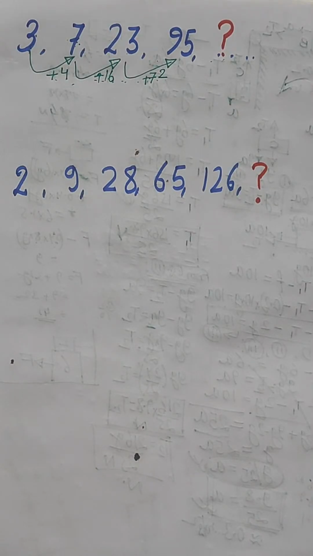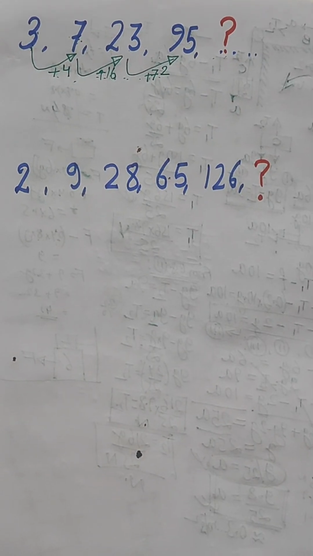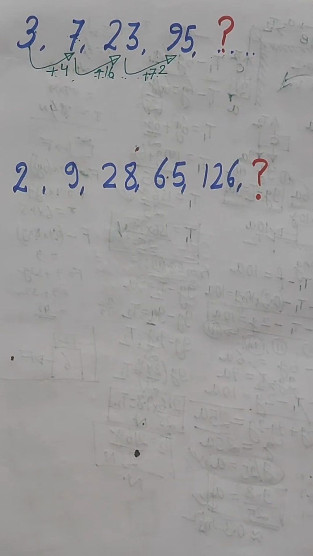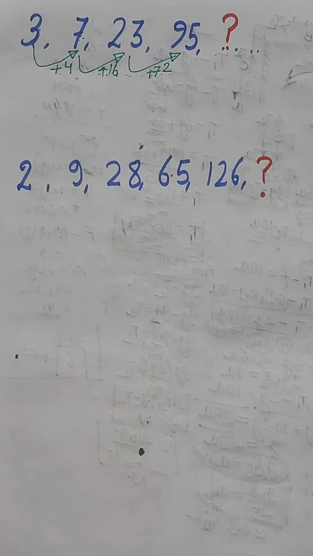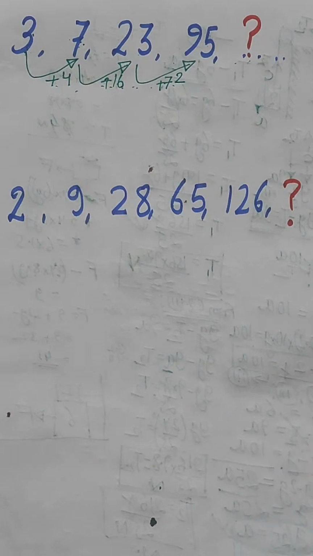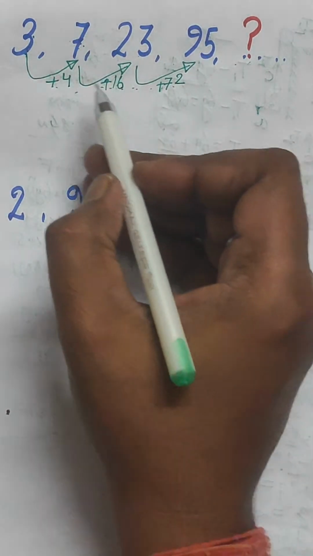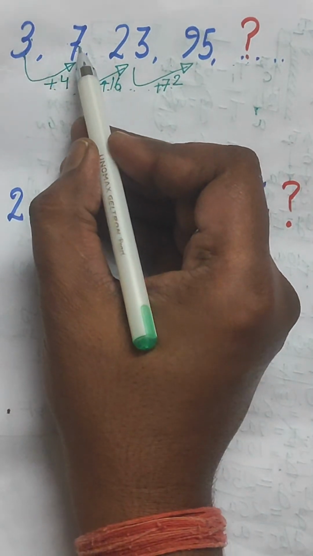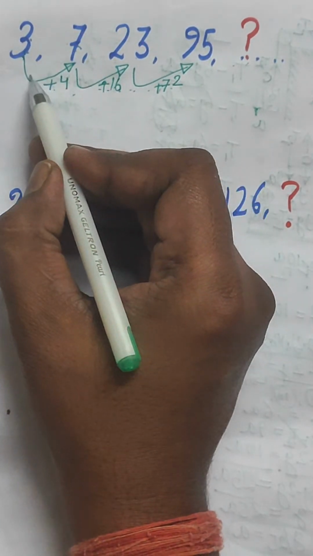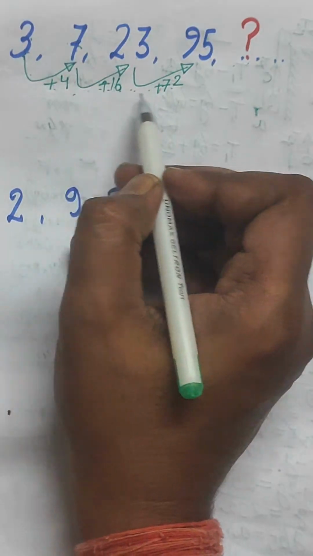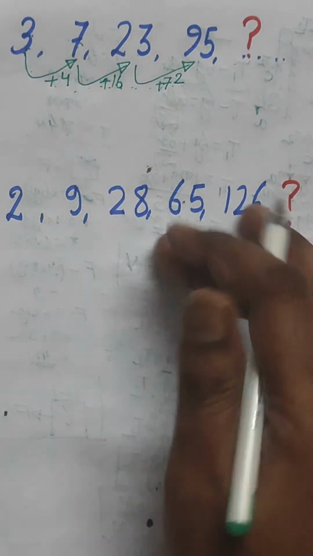So what we will do is simply look for some separate logic. What other logic can you think of? Here you can see the differences 4, 16 and 72 are coming. Now think something different.